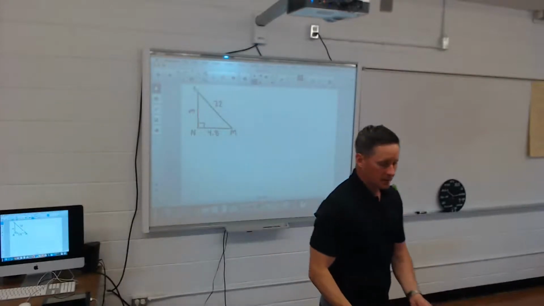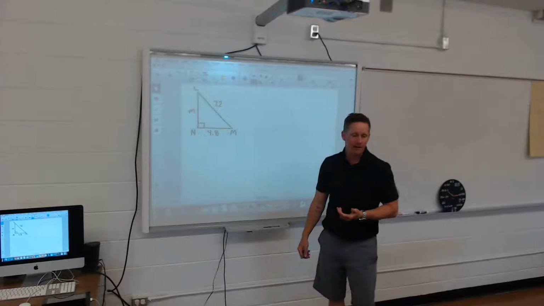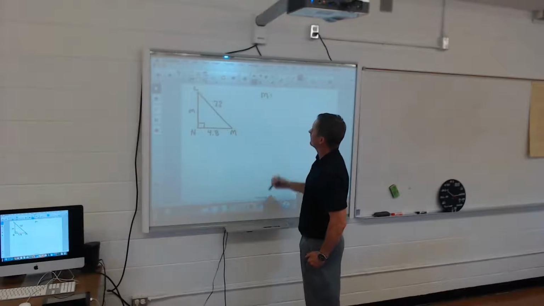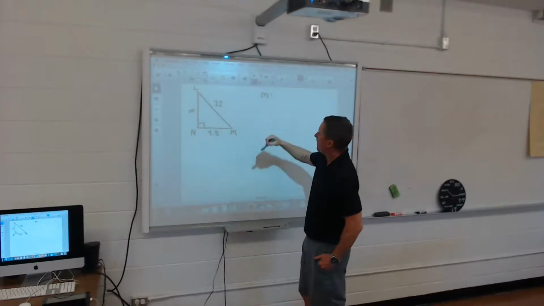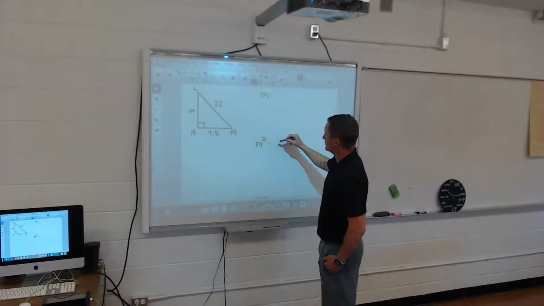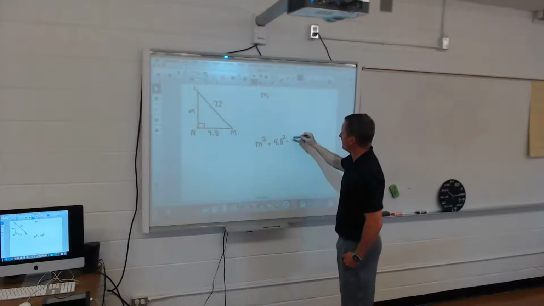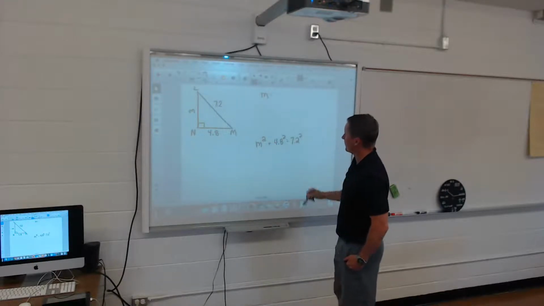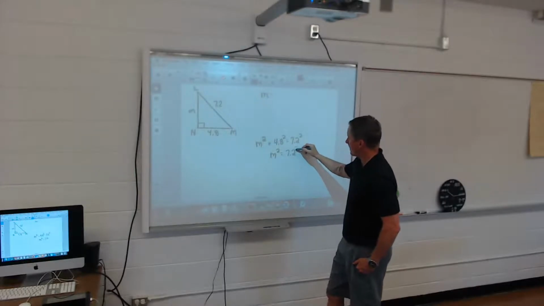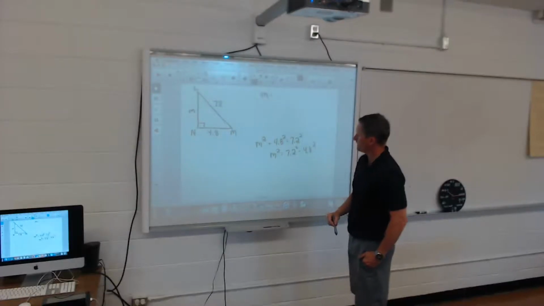Okay, so first thing I may want to do is find the third side, M. So to find the third side, I know that M squared plus 4.8 squared should equal my hypotenuse squared, which is 7.2 squared. So M squared is equal to 7.2 squared minus 4.8 squared.